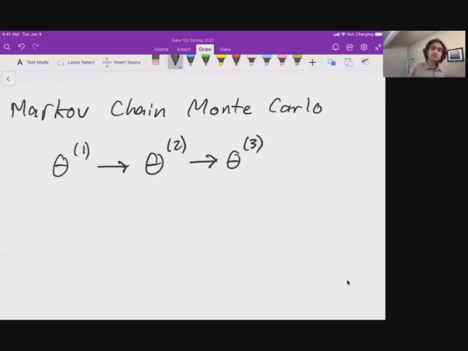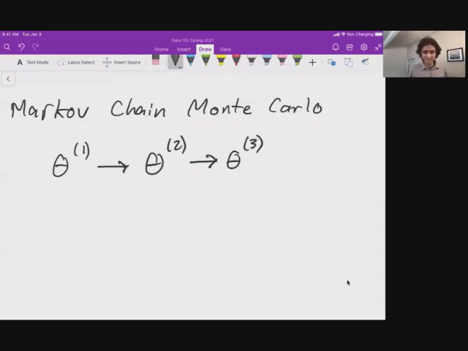Okay, and what we're going to do with Markov chain Monte Carlo is set it up so that when we change from theta 1 to theta 2, the process that we use, this arrow, becomes a transition in a Markov chain. And we're also going to set it up so that the Markov chain ends up in the steady state distribution. If that sounds kind of like black magic, it should. This is weird. How do you set it up so that you end up in the steady state distribution? That's what we'll see how to do.